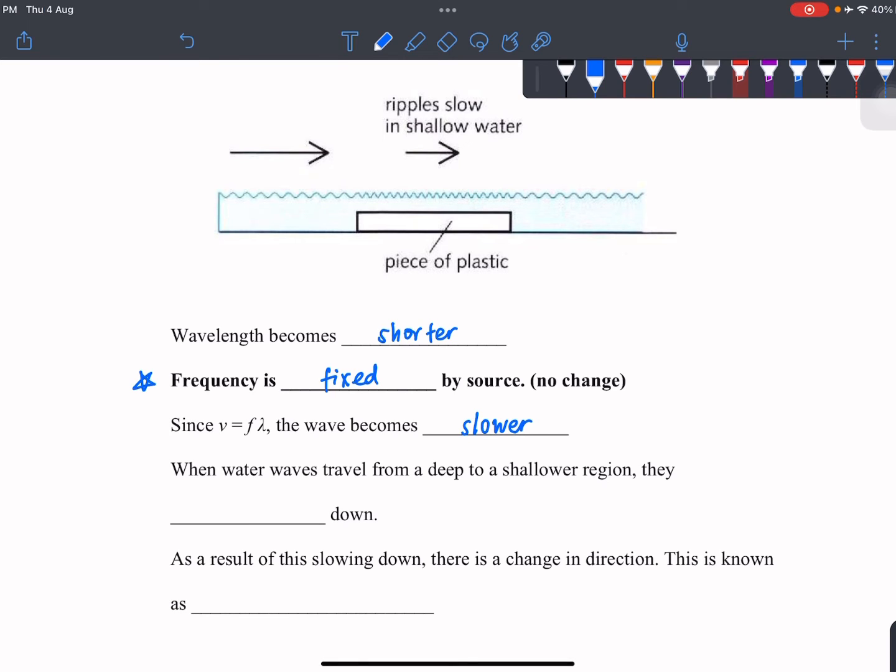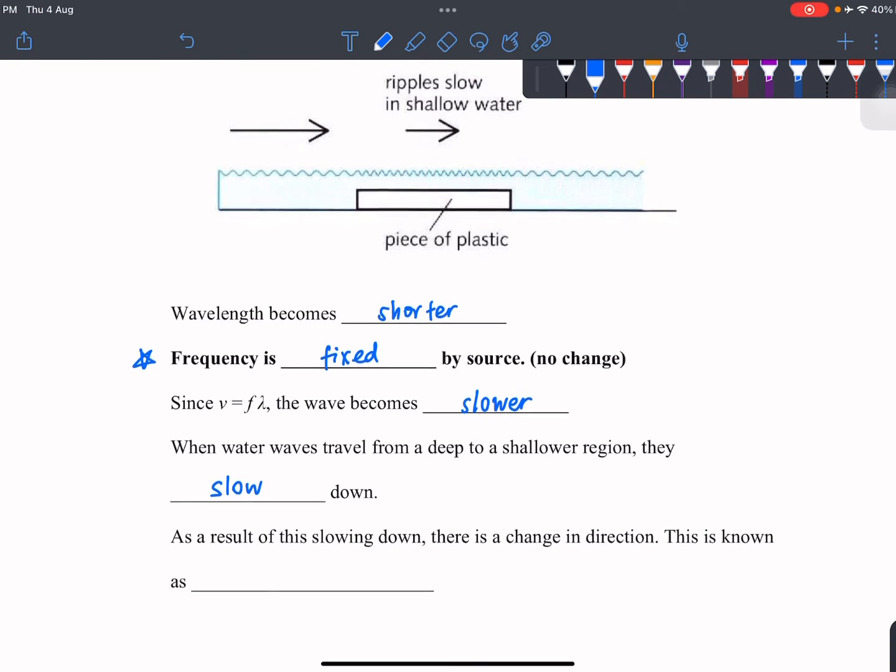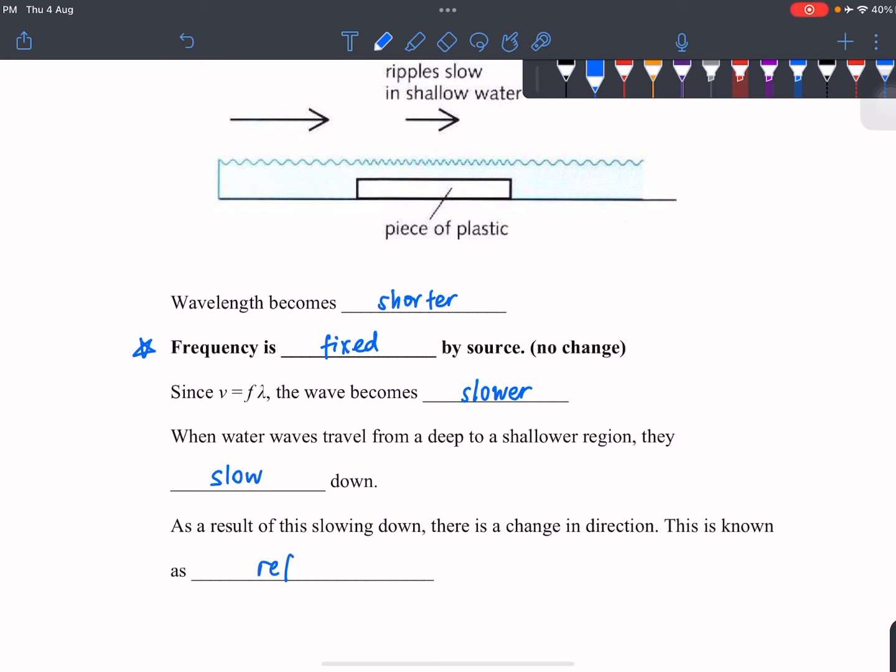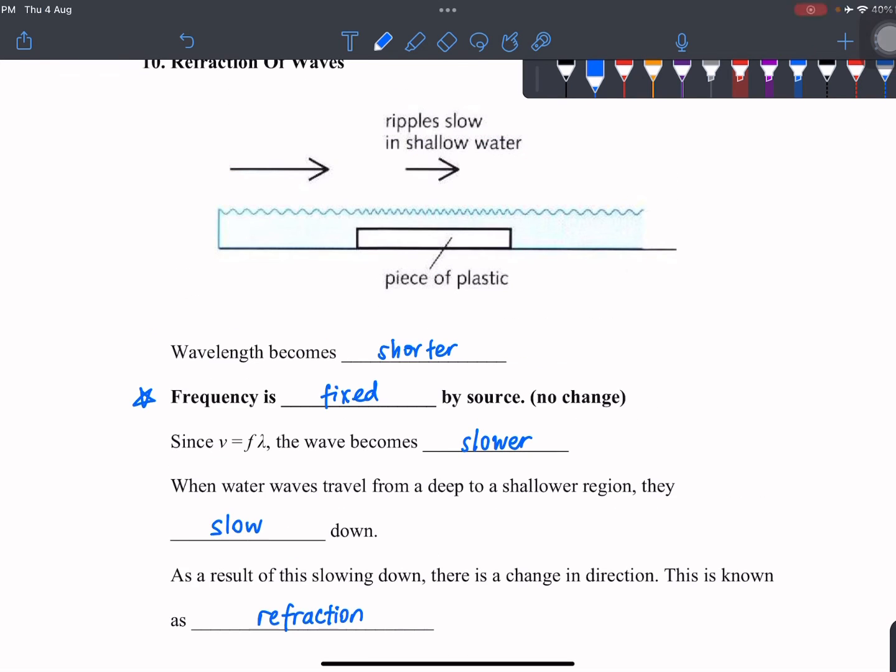When waves travel from a deep to a shallower region, they slow down. As a result of this slowing down, there's a change in direction. This is known as refraction. Regarding refraction, let's analyze this a little bit.